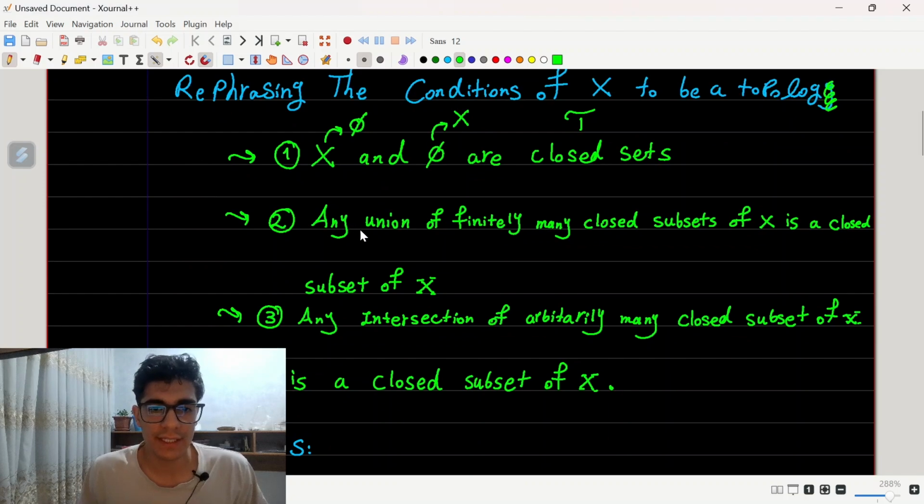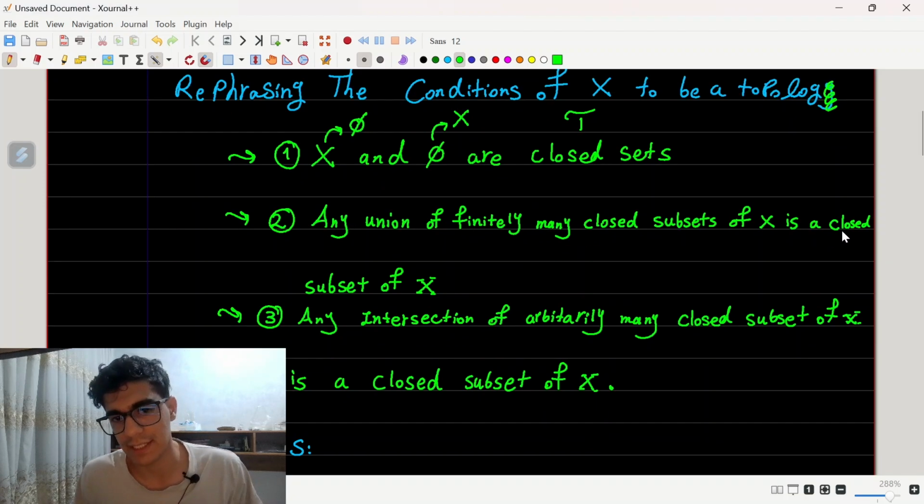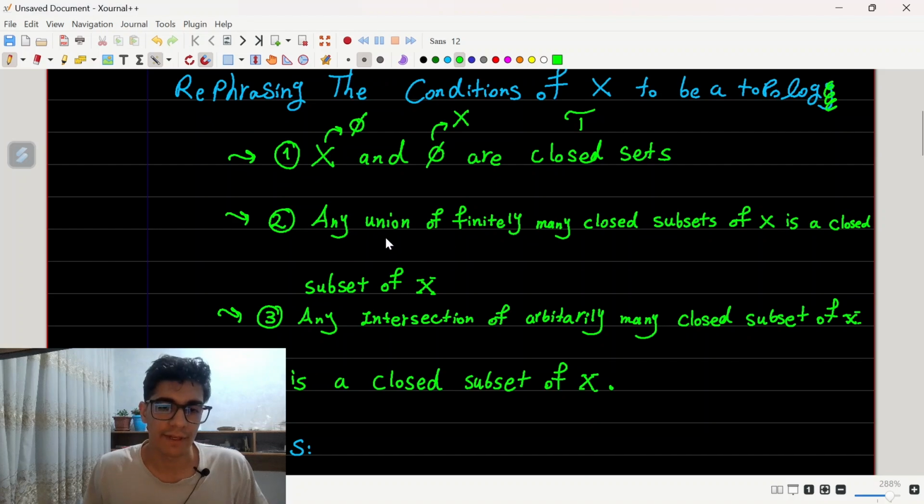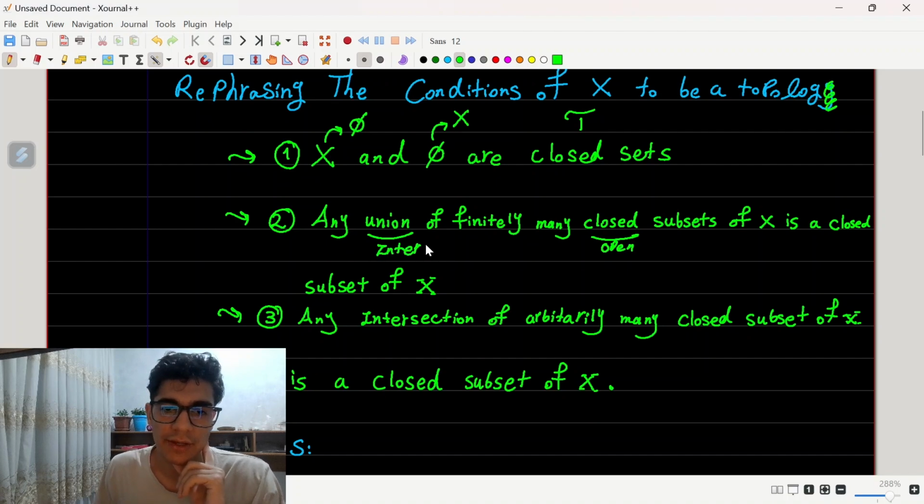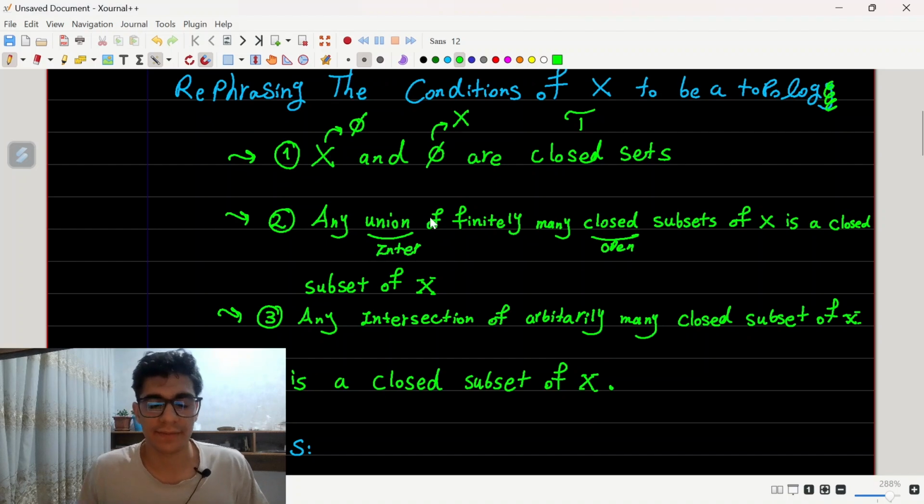The second one is that any union of finitely many closed subsets of X is a closed subset of X. Well, if you remember, this was different in our conditions, which were expressed in terms of open sets. This was intersection and this was open. And how did we derive this?